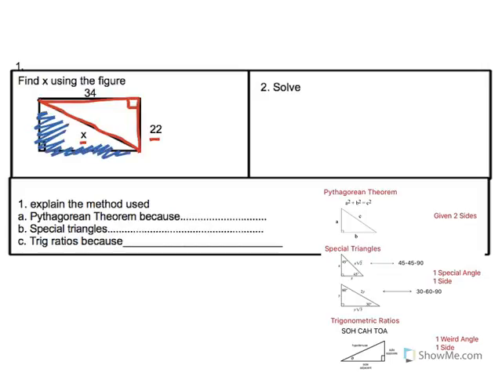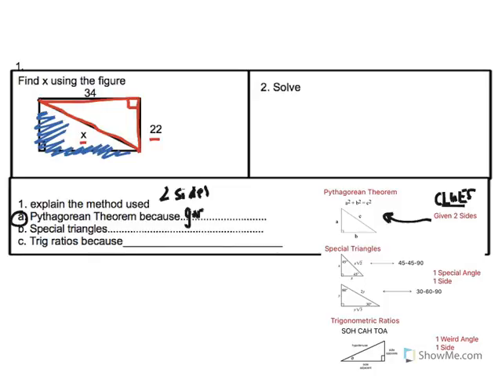Look at the picture up here. We have a right triangle here. And we see that this side is 34, this side is 22, and this side is x. Now, isolate one triangle and ignore the other part. This will help you solve the triangle easier.